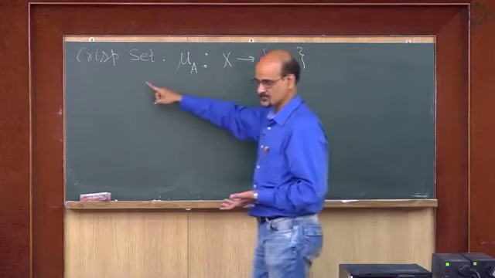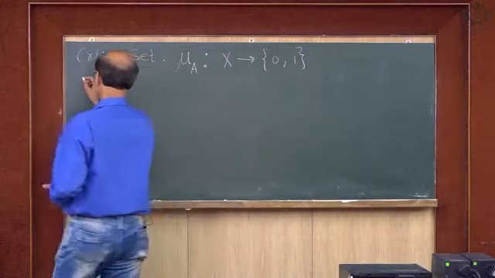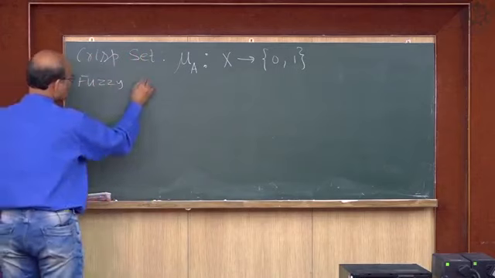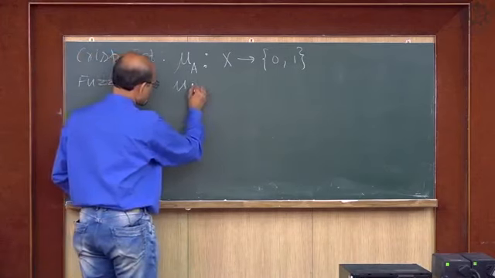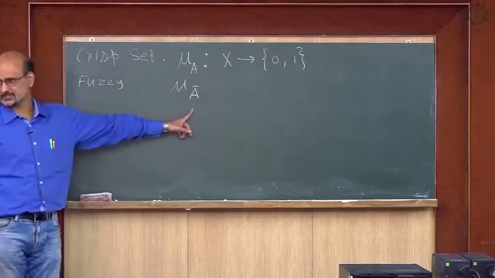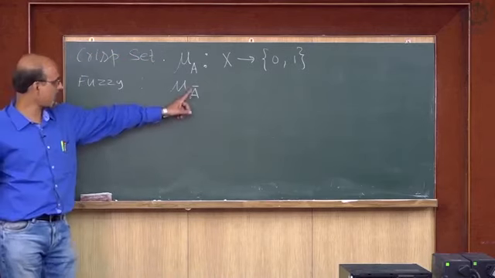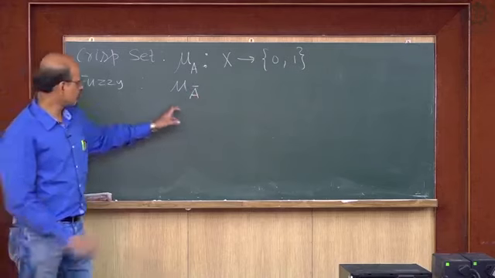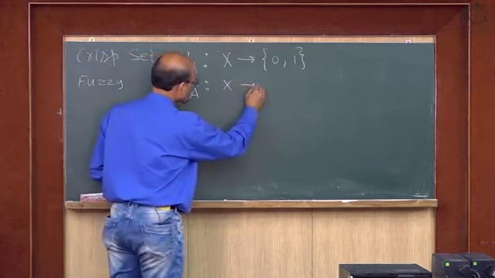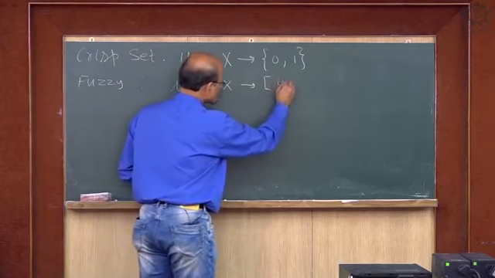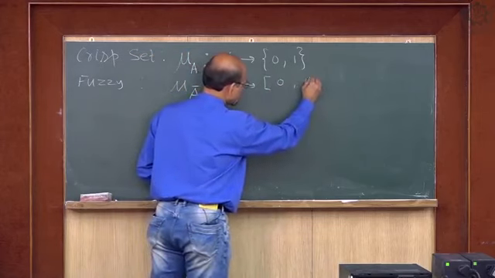That was your crisp set. For fuzzy, we have the membership function. I told that we will denote this fuzzy set as A bar. When it is bar, then it is fuzzy, mu A bar. So, this will be a function from X to the closed interval [0, 1].